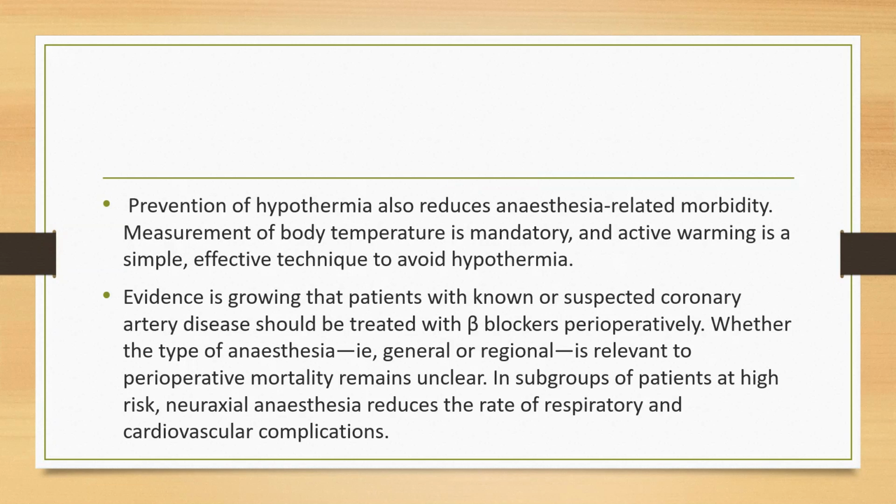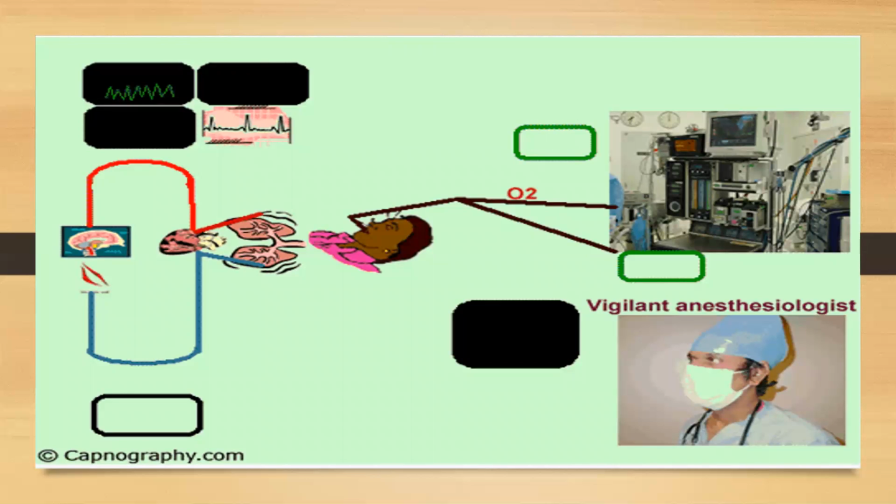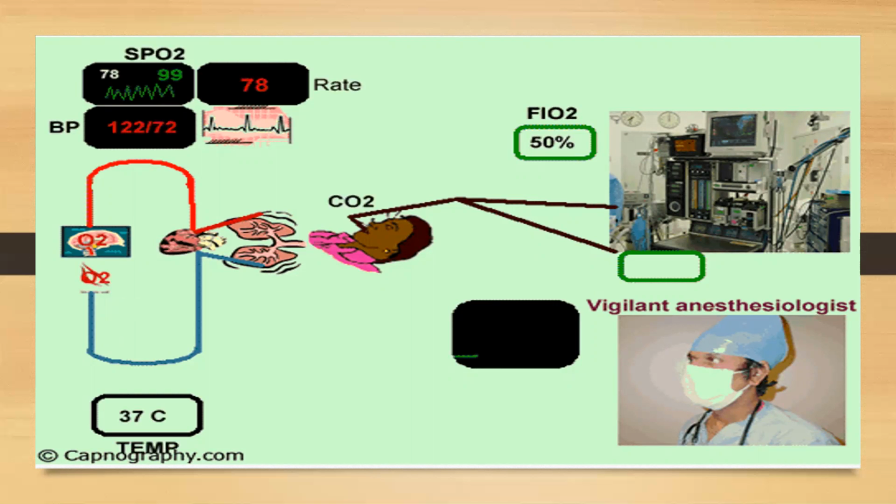Whether the type of anesthesia, that is, general or regional, is relevant to perioperative mortality remains unclear. In subgroups of patients at high risk, neuraxial anesthesia reduces the rate of respiratory and cardiovascular complications. These are a few basic monitoring techniques we are going to learn in the next few sessions.